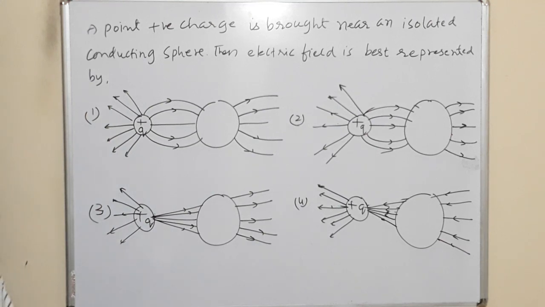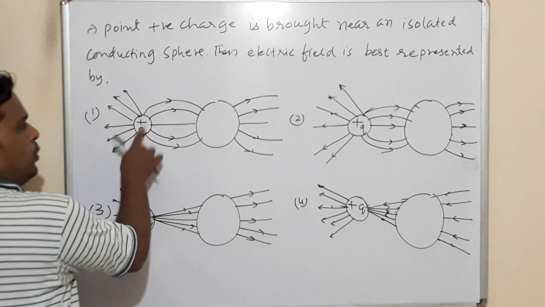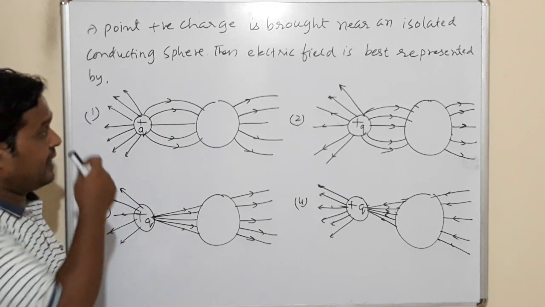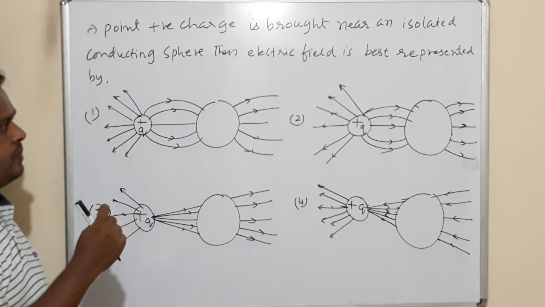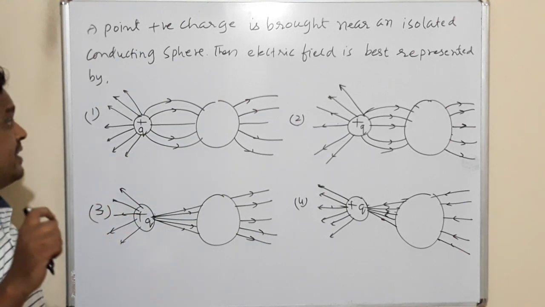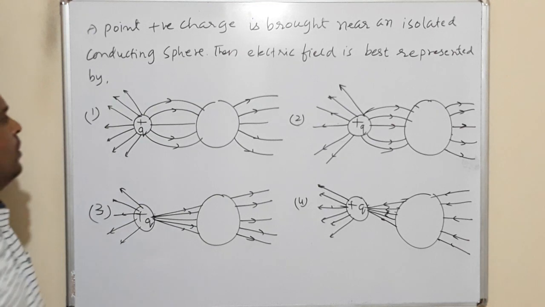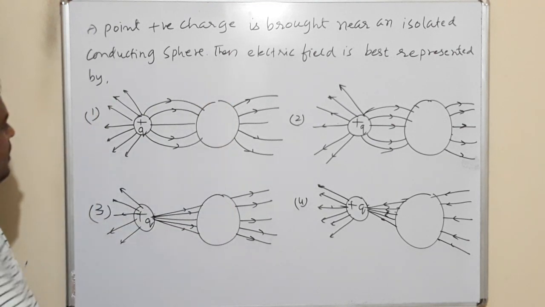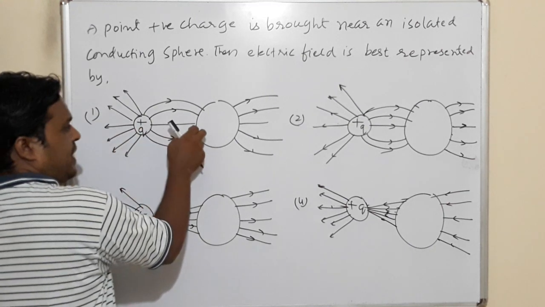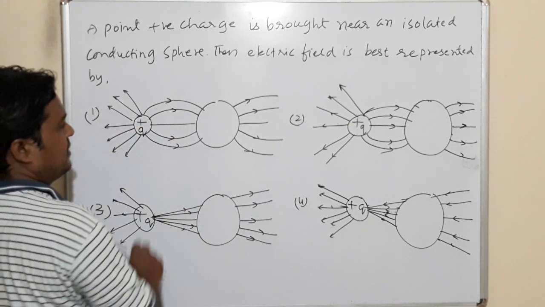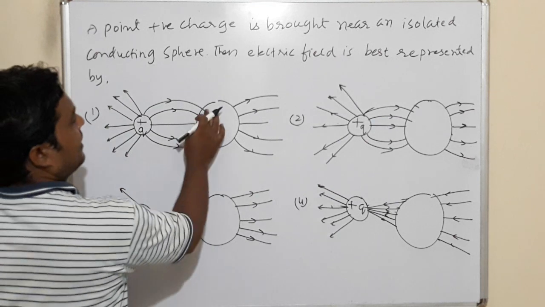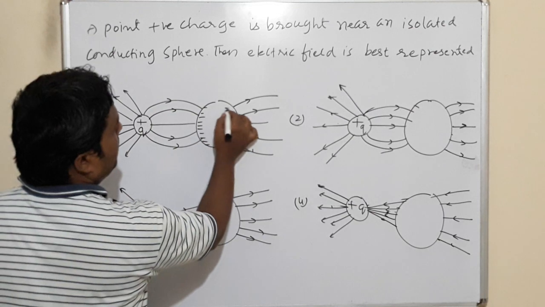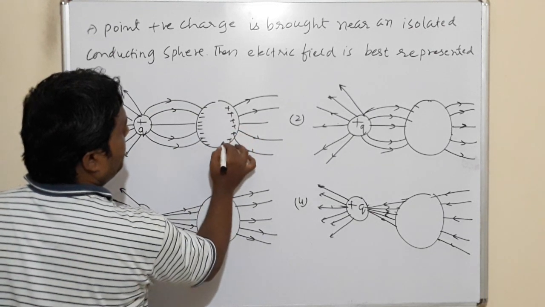See, a point positive charge is brought close to an isolated conductor. In the first video of electrostatics, where we studied the methods of charging, we studied the method of charging by induction. If a point positive charge is brought very close to this isolated conductor, then this side of the conductor will become negative and this side will become positive.